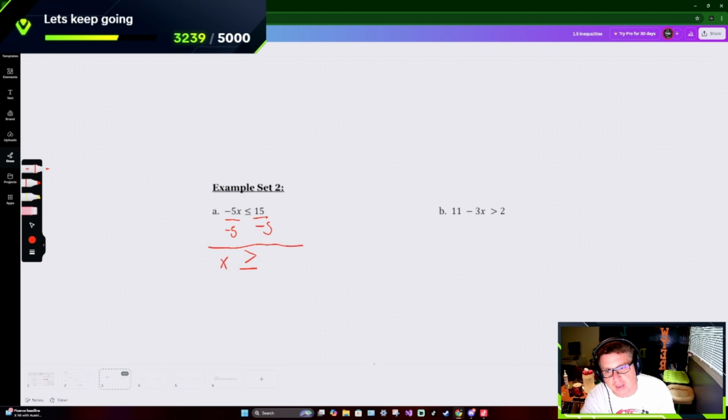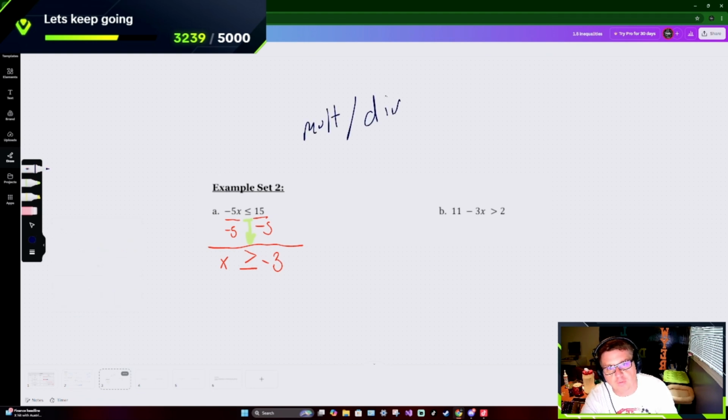Now, this becomes x because these numbers just 1 each other out. And then 15 divided by 5 is going to be 3. A positive divided by a negative is a negative. So x is going to be greater than or equal to negative 3. And because we multiply or divide by a negative number, this inequality right here has to flip over.